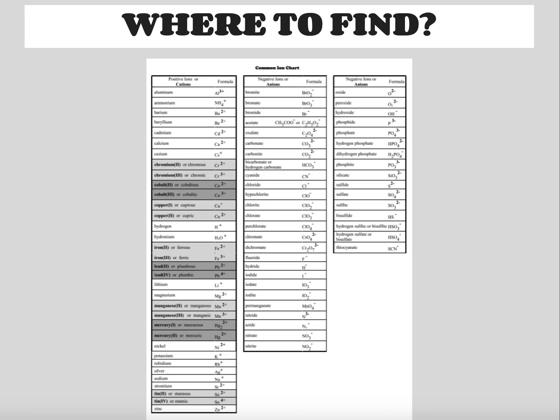You'll notice on the left-hand column there are some that are shaded, like chromium with a Roman numeral 2 and chromium with a Roman numeral 3. That's an example of a multivalent metal. It's a metal, chromium, but it has multiple charges. It can be +2 or it can be +3, which is why we have a difference in what they are named.